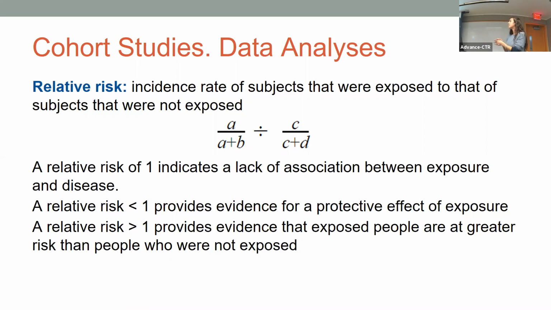And if that's the case, then it's very likely that the exposure has some sort of protective effect on the outcome. So being exposed leads less to the outcome or disease. And then finally, a relative risk greater than 1 means that individuals that are exposed are at greater risk than individuals who are not.